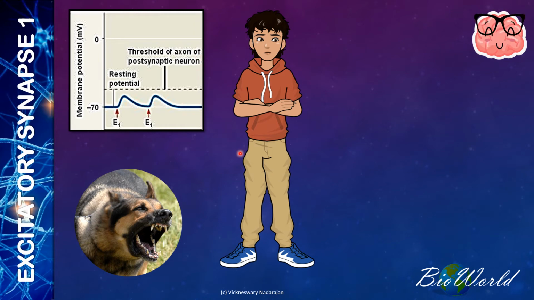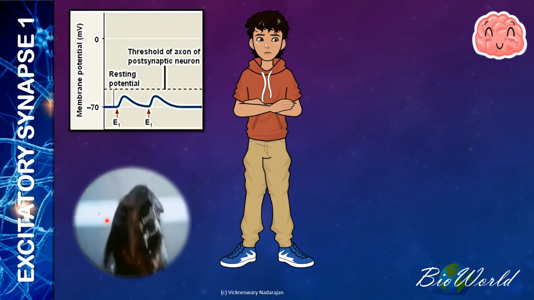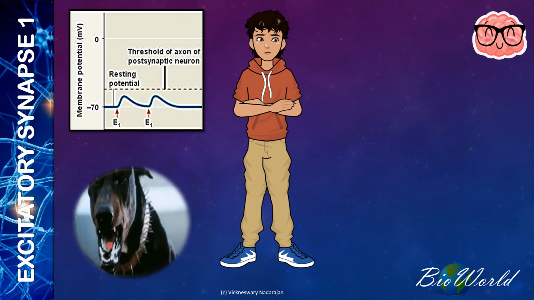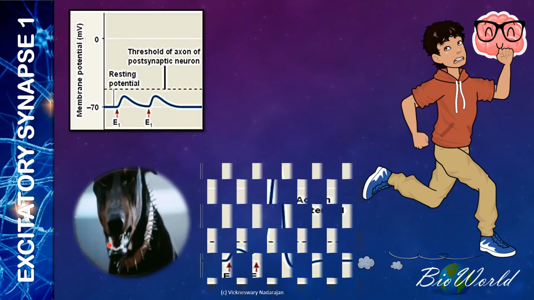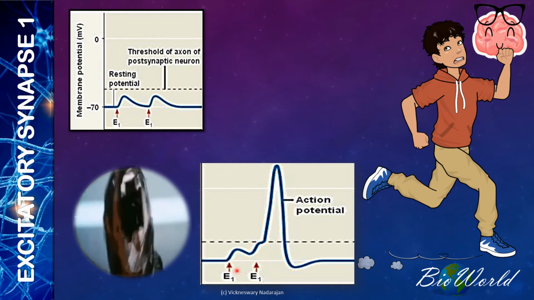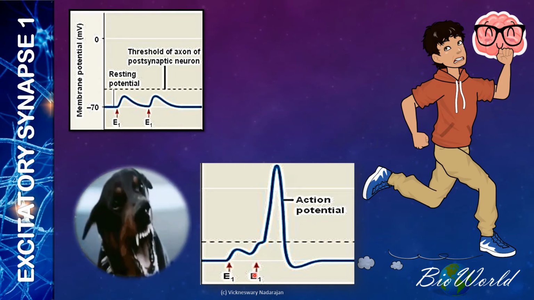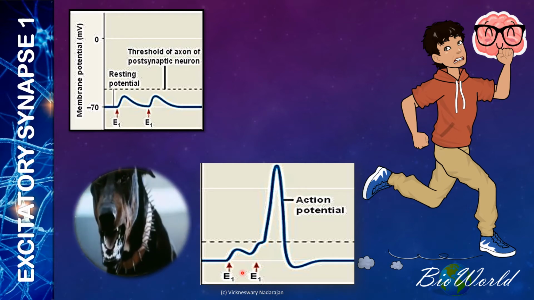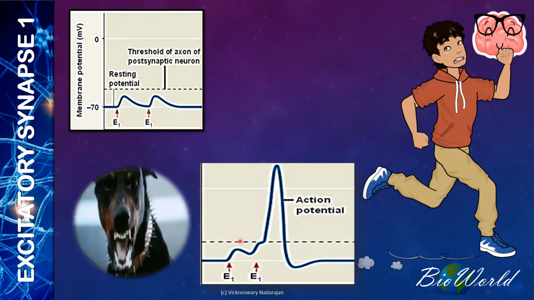But if I change the situation where now the dog is barking continuously, the boy is going to run. And if we check his membrane potential, you find that the impulse that is continuously happening causes an accumulative effect.